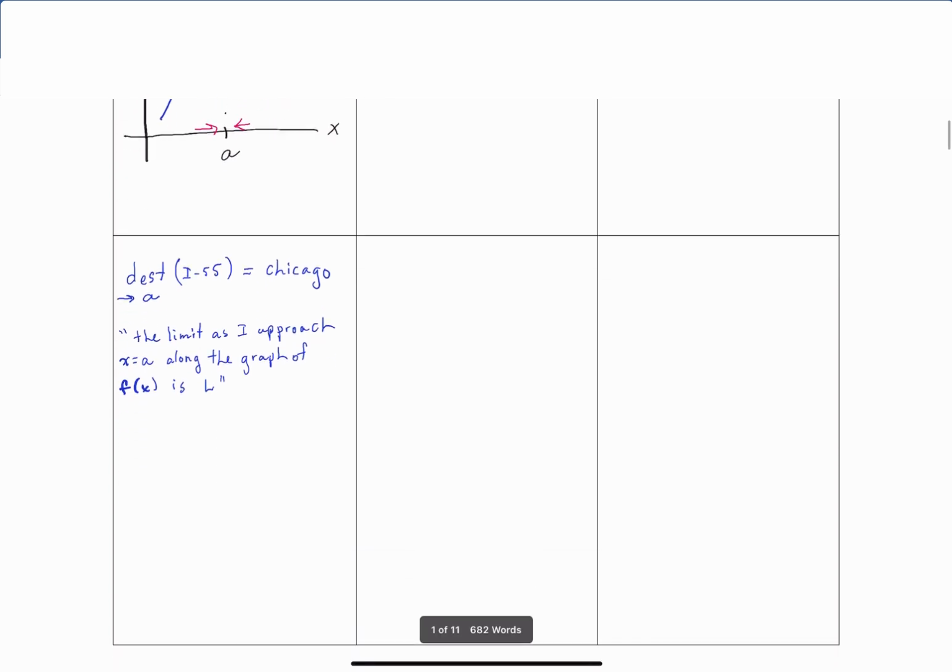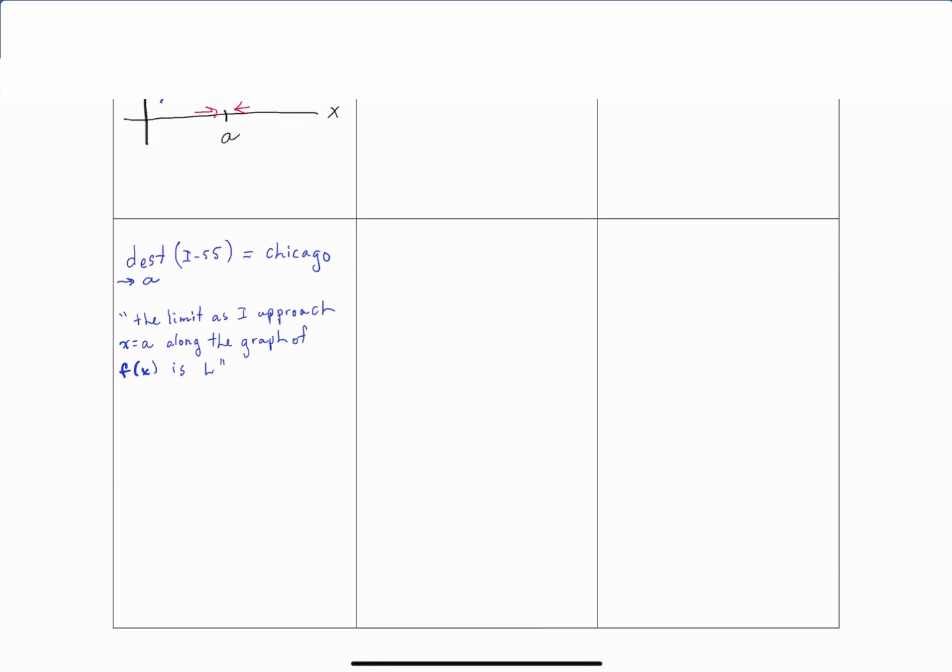Let's abbreviate that similar to what I did right there. I'm going to abbreviate limit as LIM. I'm going to say what road I'm on. I'm on the graph of f of x. Then I have to say where on the road I am. So I'm going to say the x's are approaching a.